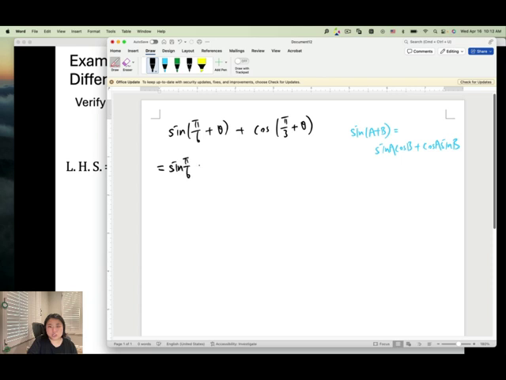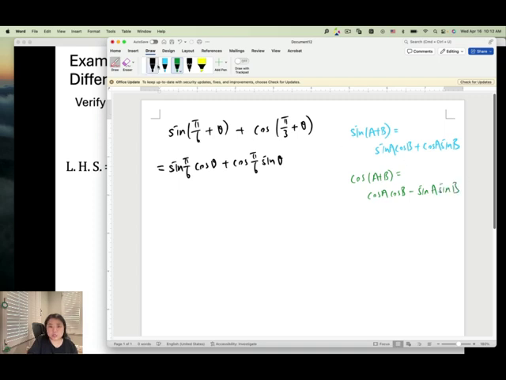Sine A cosine B plus cosine A sine B. Okay, right? And then we have the cosine formula. A plus B, that will be equal to cosine A cosine B minus sine A sine B.